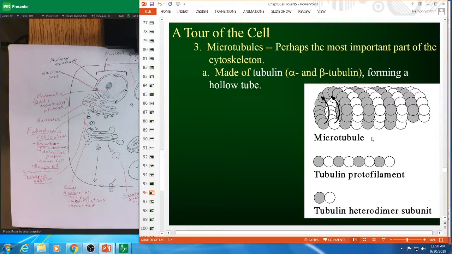So tubulin, which is what it's made of, comes in two different kinds, and they dimerize, and then those start to form what's called a protofilament. But don't worry about that. The thing is that they organize into this shape that spirals around, as you see, and when you get a bunch of them together, you get a hollow tube, kind of like a drinking straw.